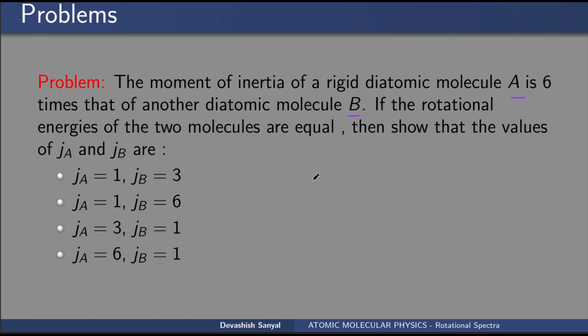So rotation energy is proportional to what? So you have two molecules. So you will have B A times Ja, times Ja plus 1.